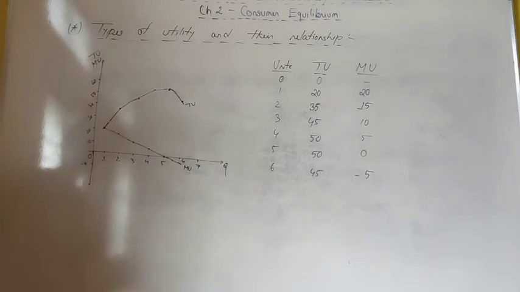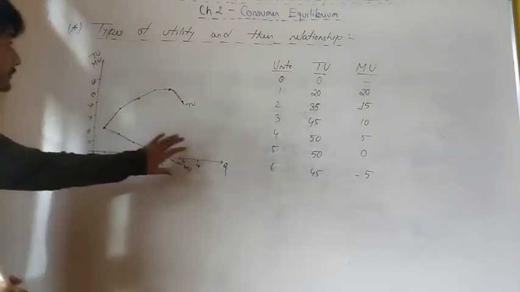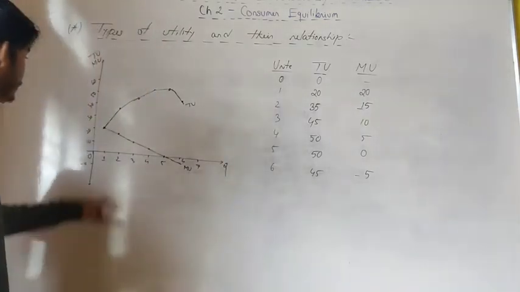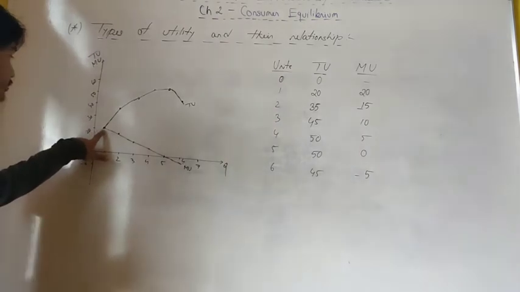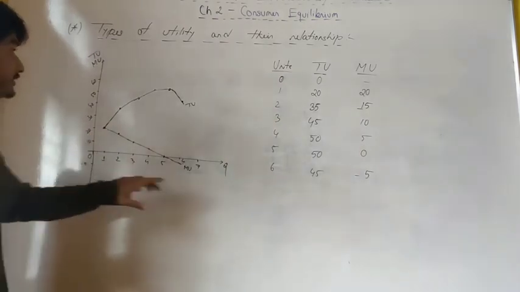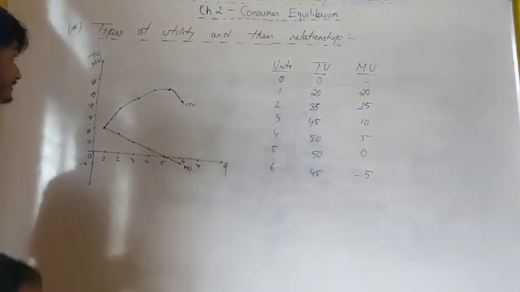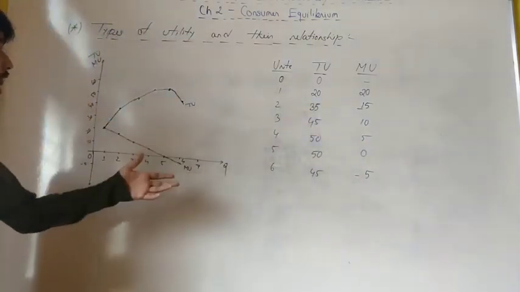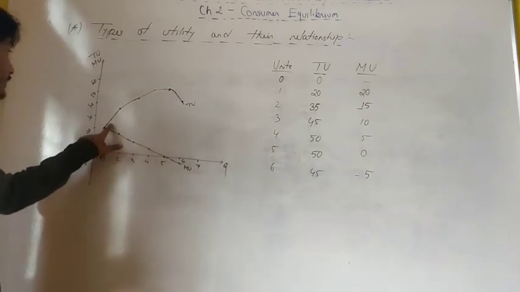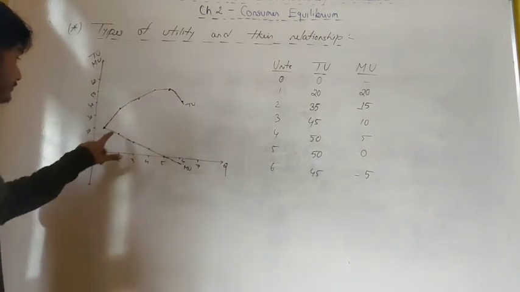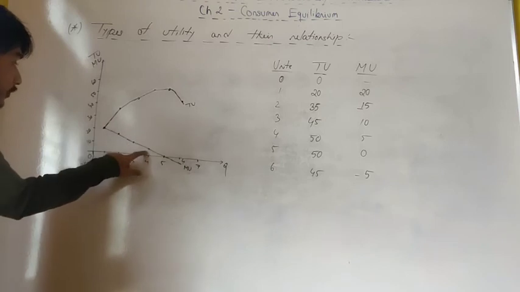So students, from this diagram and table, we can see that for the first unit consumed, total utility equals marginal utility. As the consumer consumes more of the same commodity, his total utility increases, but marginal utility starts falling.